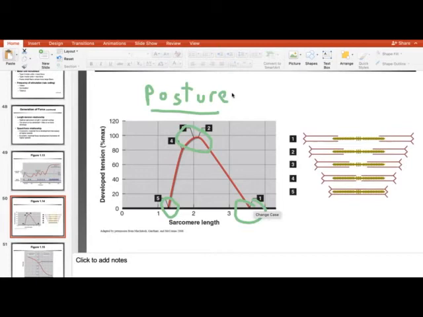So this length tension relationship, the relationship between the orientation of your actin and myosin, the relationship between length and the ability to produce force, allows for your posture or your movement strategies to emerge. It's why you've never ever thought about it. And even from a little baby, that's the way that your body would work. To me, this is really amazing.